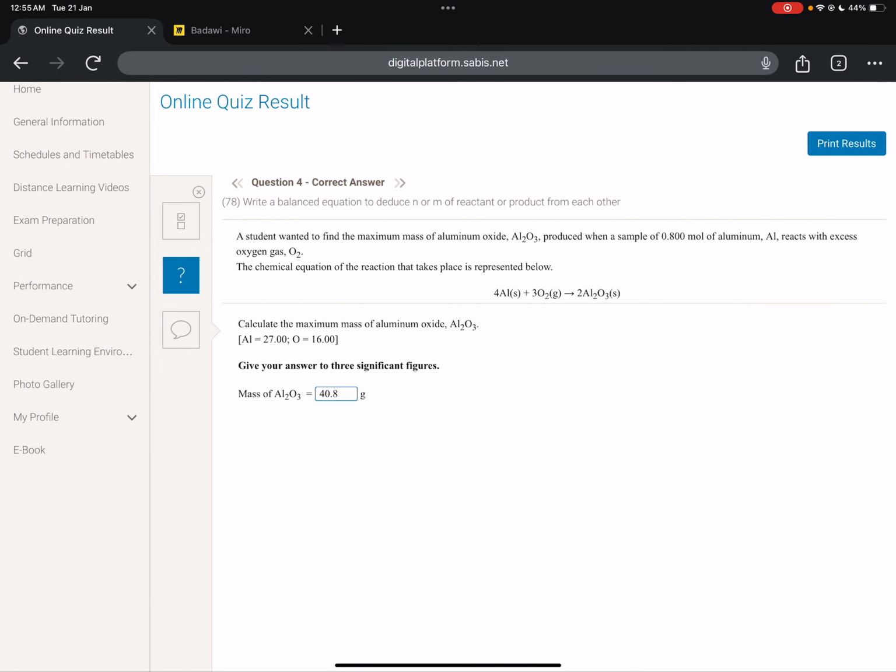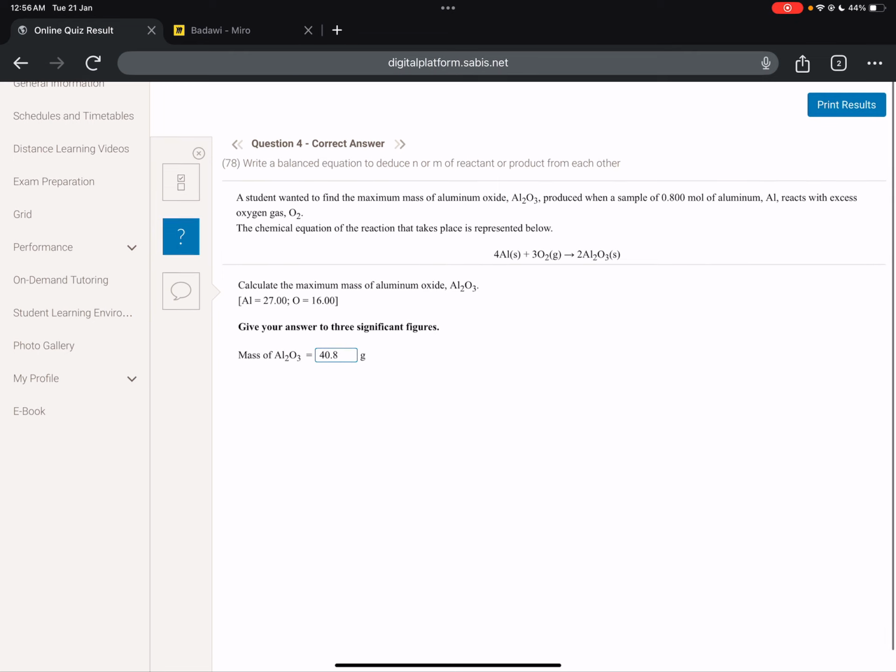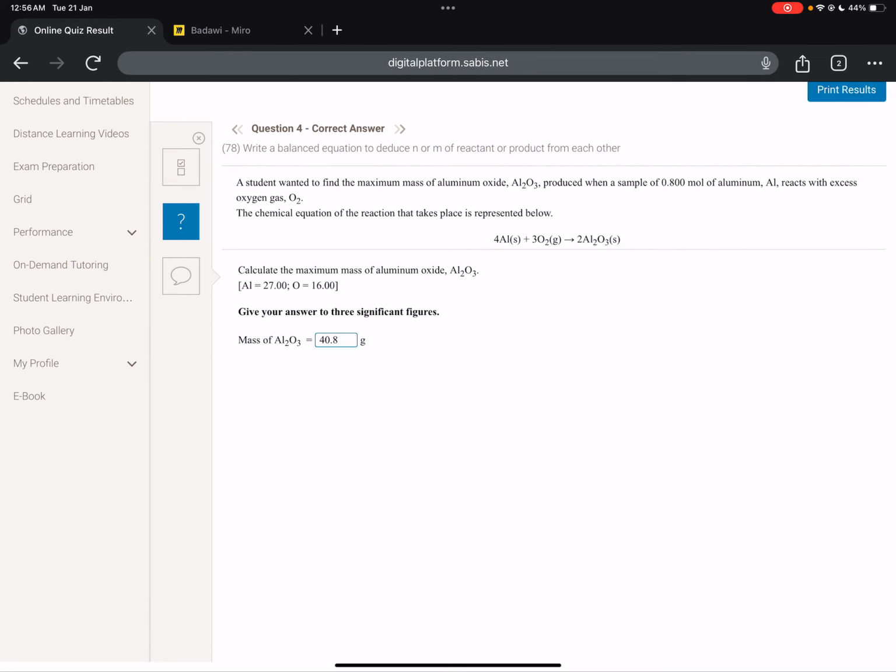A student wanted to find the maximum mass of aluminum oxide produced when a sample of 0.80 moles of aluminum reacts with excess oxygen gas. So here they're already telling us, when we're solving, we never use the excess amount, we use the limiting amount. The chemical equation of the reaction that takes place is represented below. First I will copy the chemical equation.